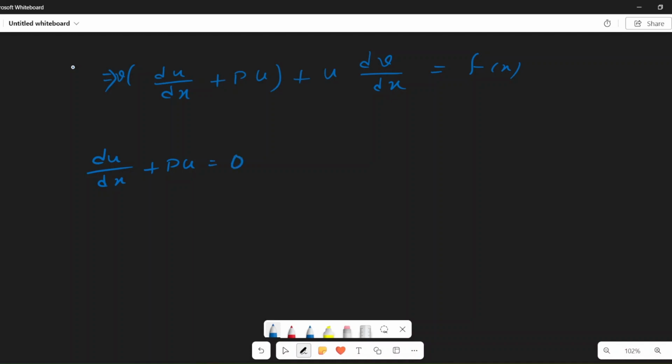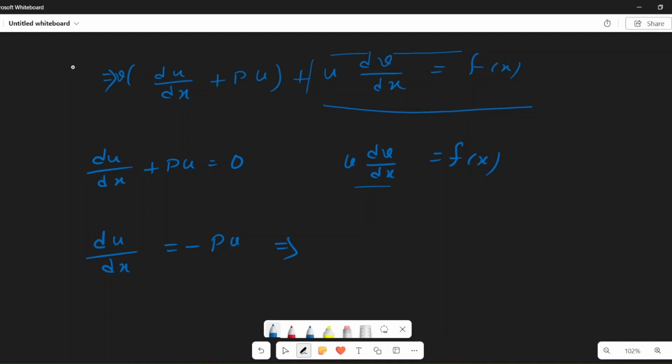If we can write this, then only the remaining term is left, so let's write u dv/dx is equal to f of x. We'll do this later. Let's first handle this equation, that du/dx is equal to minus pu.